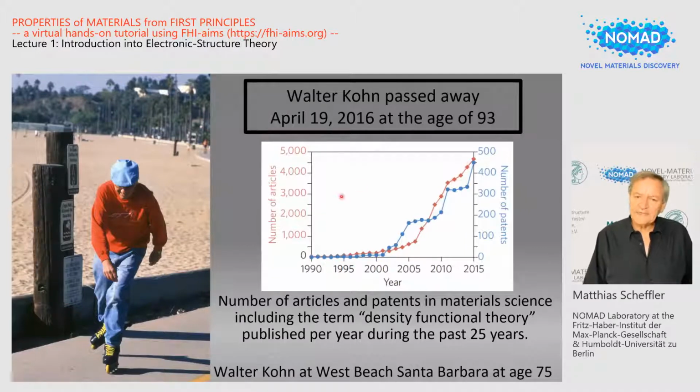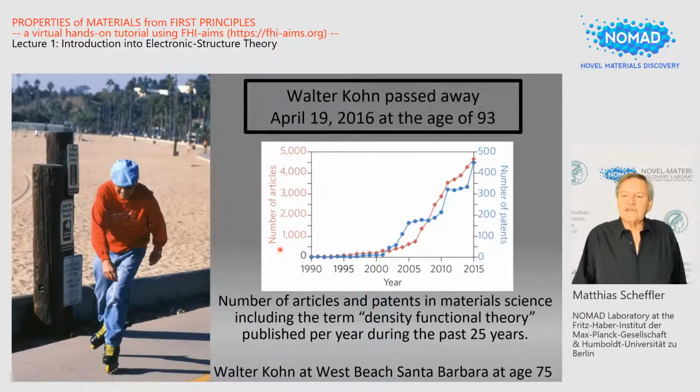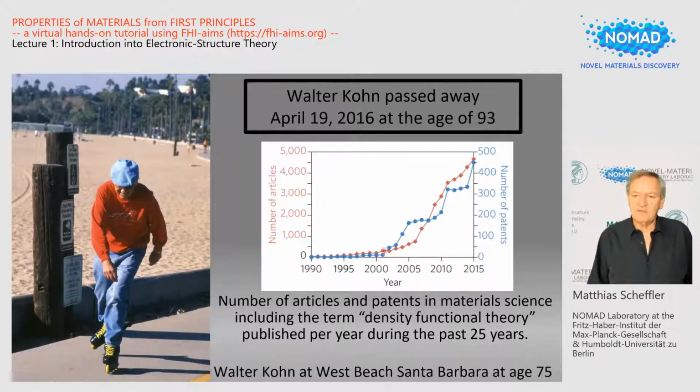In red, these are the number of articles which cite density functional theory. And you see this clearly slow start and then exponential growth. And in blue, and that is the unusual thing, even in patents, the term density functional theory is used to somewhat prove that the patent is right.